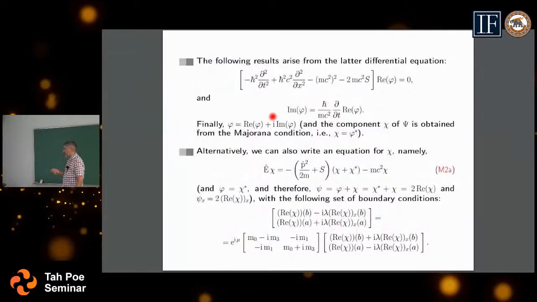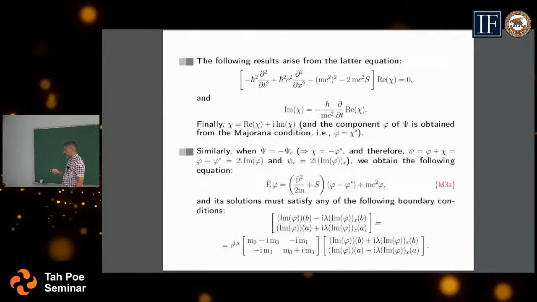Also, you can use the other Majorana. Look, these are the boundary conditions. This equation must satisfy the solution, or this equation must satisfy this. You need to choose a boundary condition here if you want to resolve this equation.